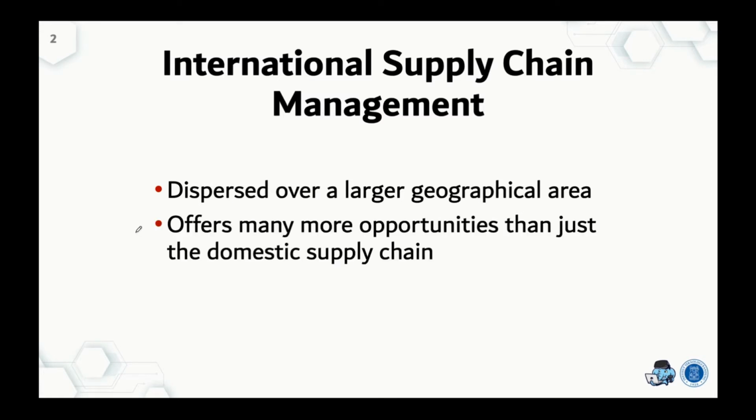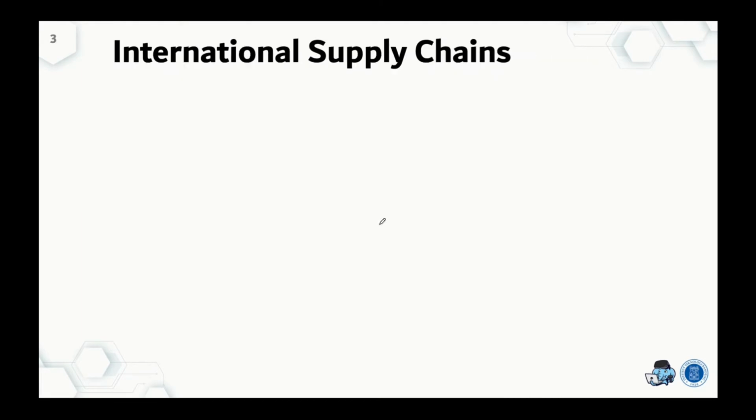This for sure offers many opportunities, because we can access cheaper labor, be closer to the material and closer to the customer, than in a domestic supply chain. But there are also many risks present in an international supply chain, for example political and economic conditions, currency rates, and so on.